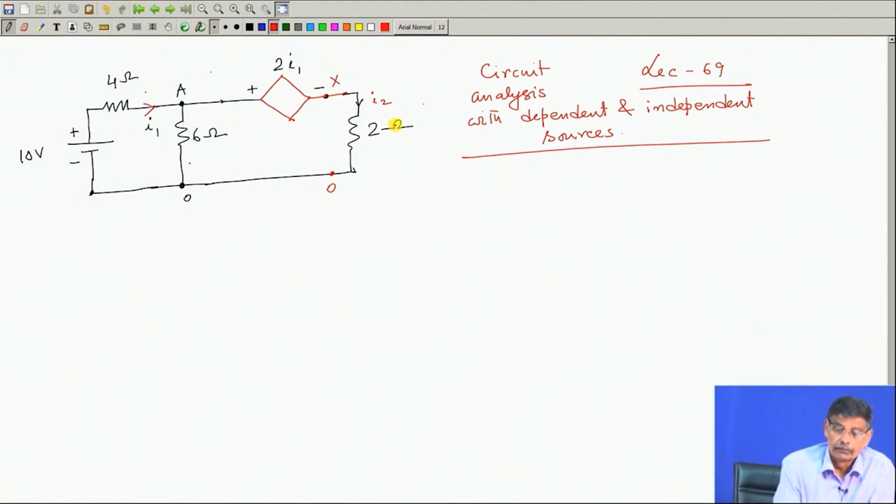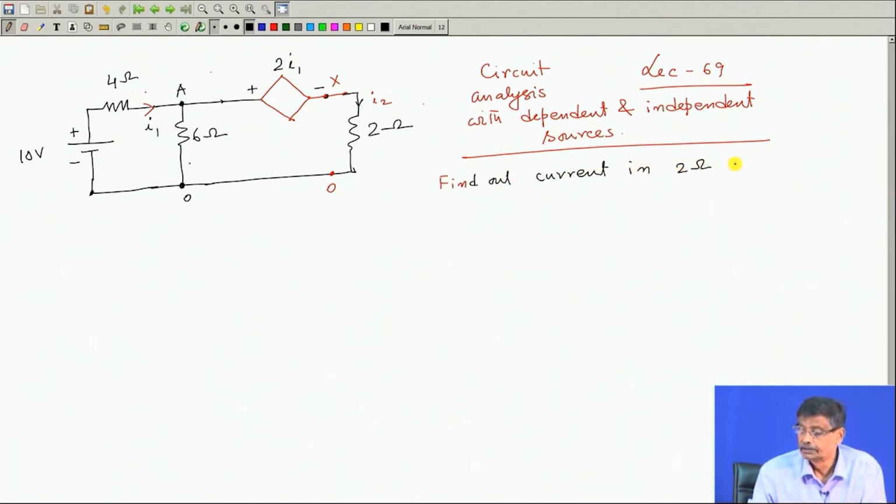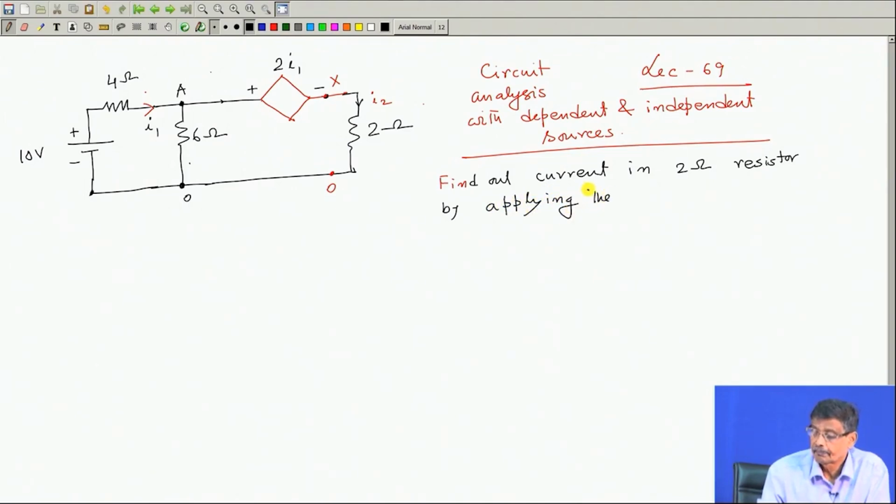If I reframe the problem as: find the current in the 2 ohm resistor by applying Thevenin's theorem.